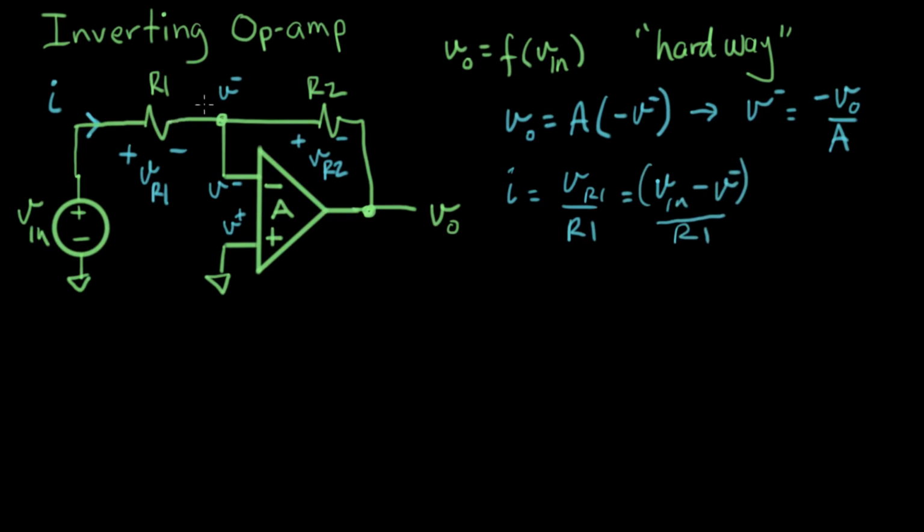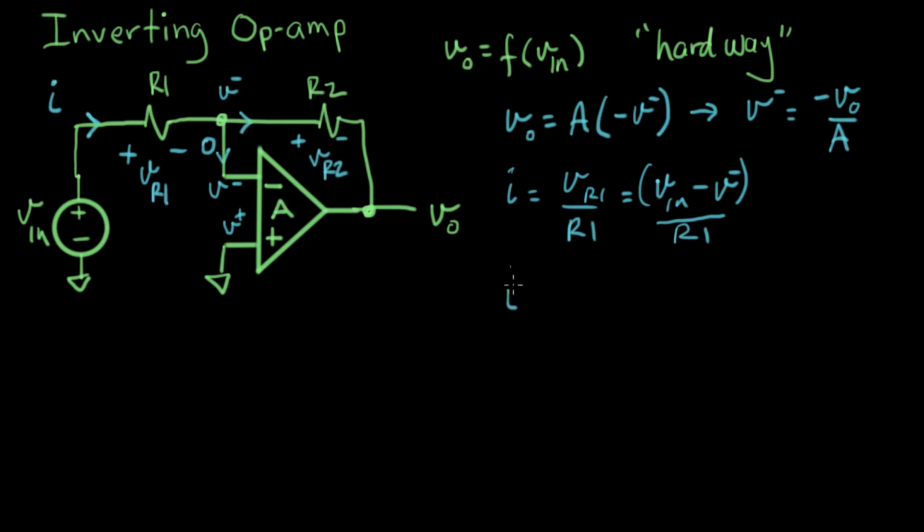And now I'm going to use something special that I know about this amplifier. What I know about an op amp is that this current here is equal to 0. There's no current that flows into an ideal op amp. So I can take advantage of that. What that means is that I flows in R2. So let me write an expression for I based on R2.